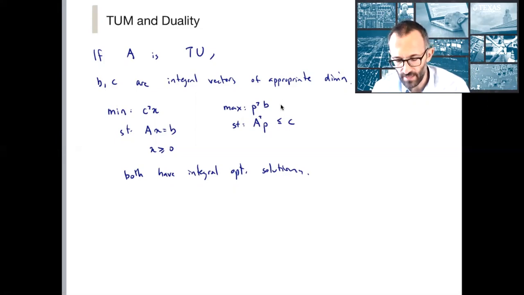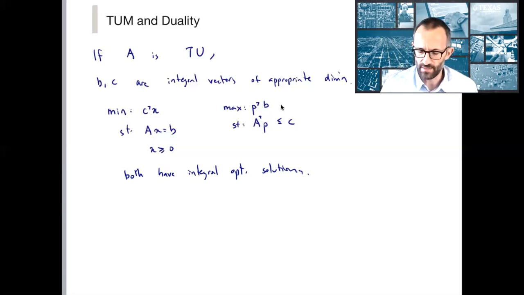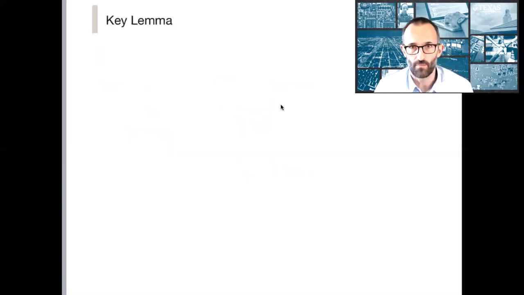But you can see that that's not exactly true for the primal anymore, because in the standard LP standard form that we've given, the vector x also has to be non-negative. So it's not quite there, but it's pretty straightforward to see that this follows in the same spirit as what we did before. But let me make it a little bit more clear, and also just state a lemma which is useful to know.